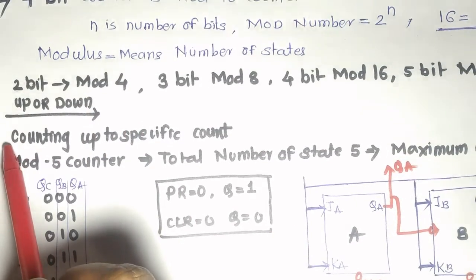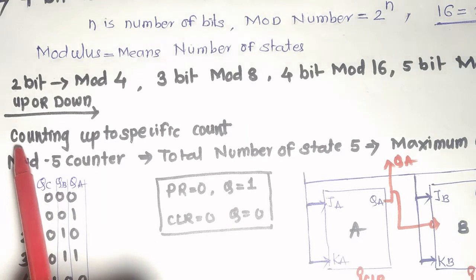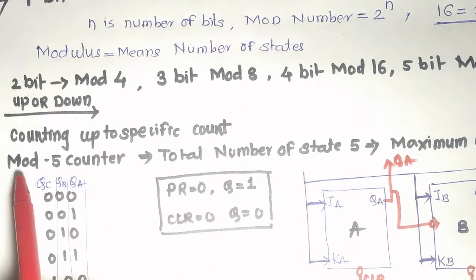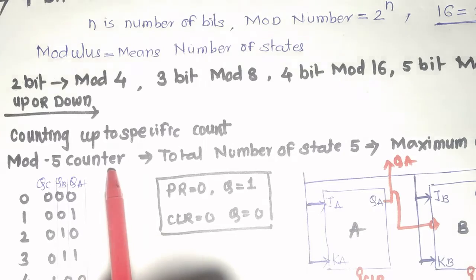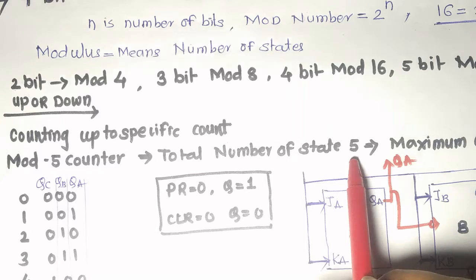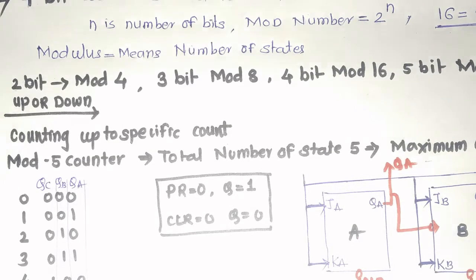Now let us take the second part of this session, that is counting up to a specific count. Consider that we have to design a mod 5 counter. To design the mod 5 counter, we need a total number of states equal to 5, and the maximum count is equal to 5 minus 1, that is 4.